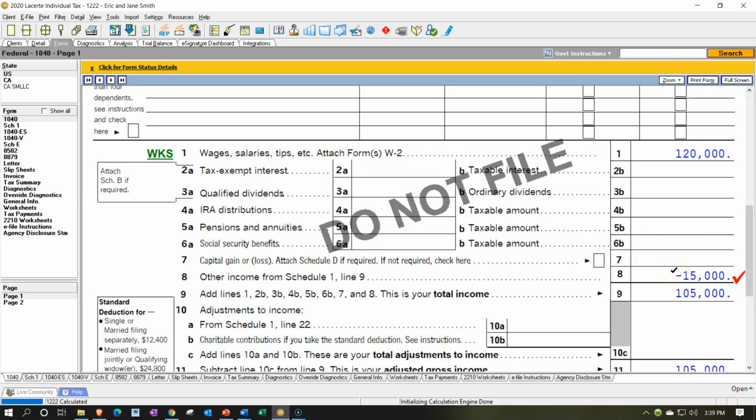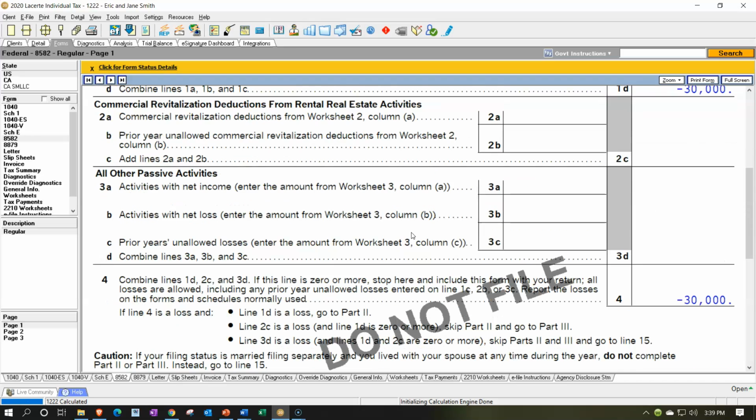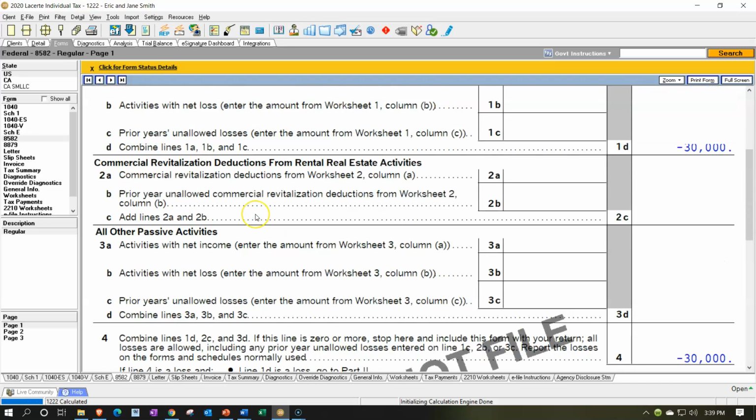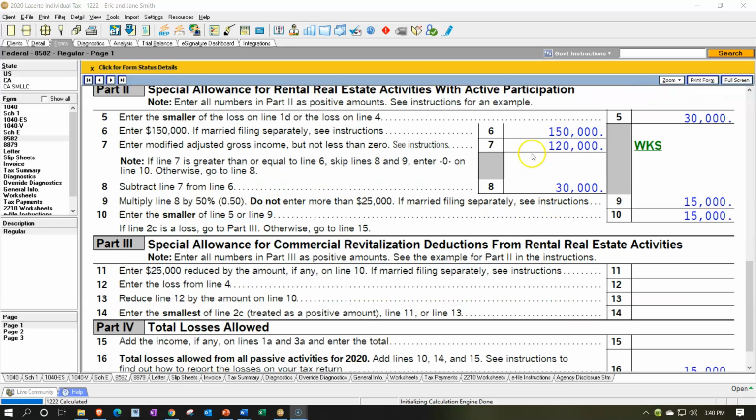You might think, well, if they were married, that it would double the amount of income they can have to basically get the 25,000. No, but there is an impact if they file married filing separately. I won't get into that, but remember that's kind of like the general exception to the rule. So we got the same kind of calculation down here for that 30,000 and 50% of the 30,000.